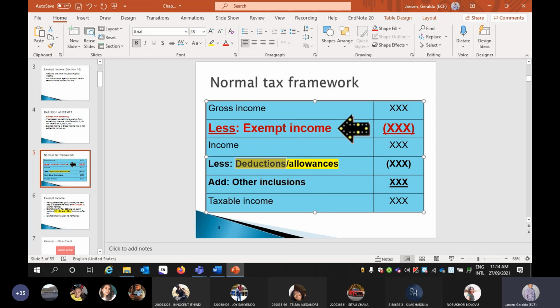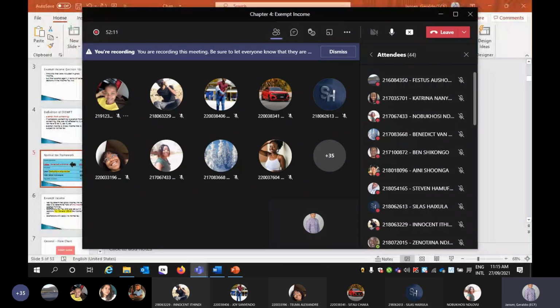Now, I'm saying with deductions or allowances, sometimes you will have a deduction available, but you've never included anything in terms of, let's say, that annuity that you are paying on a monthly basis. You are not receiving it, you are paying it right now. You haven't retired yet. So I'm saying you have a deduction available, but you've never included something in gross income.